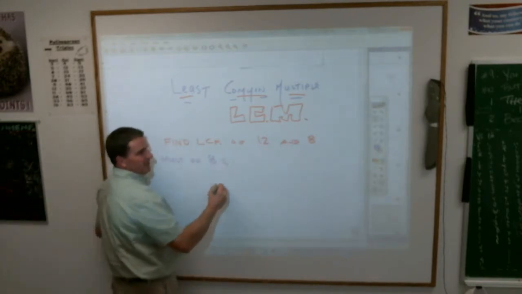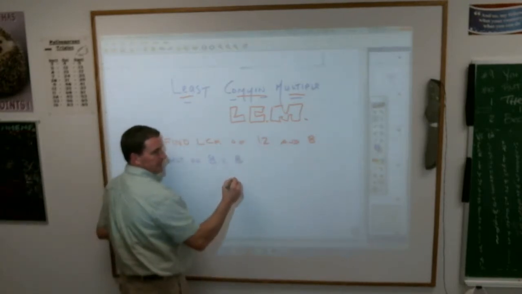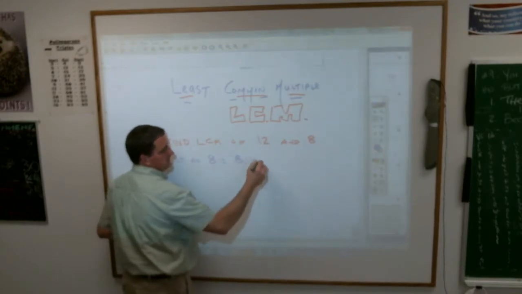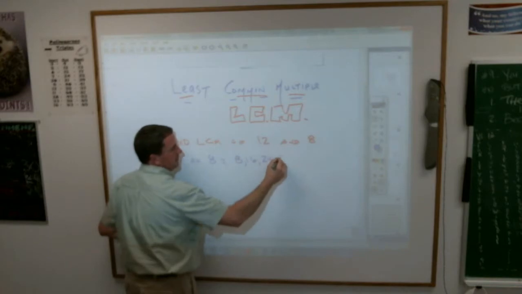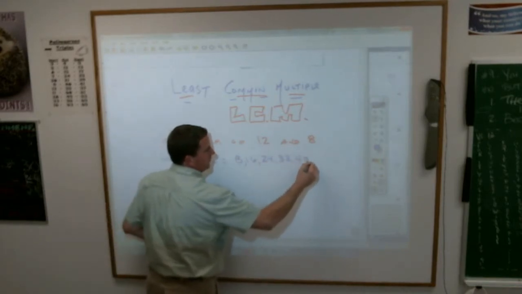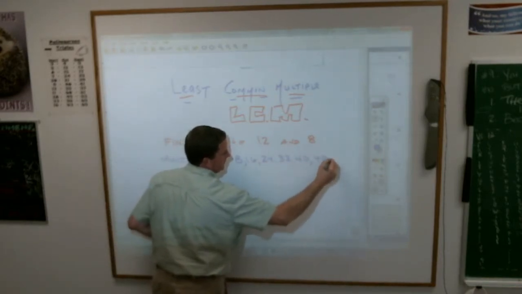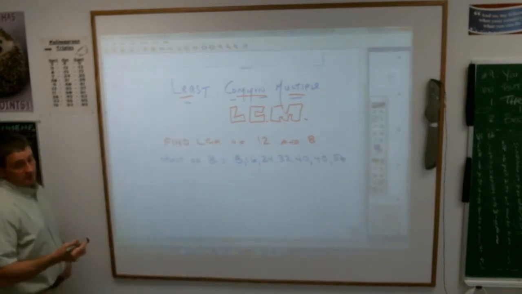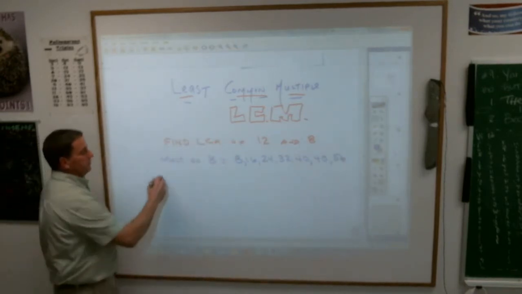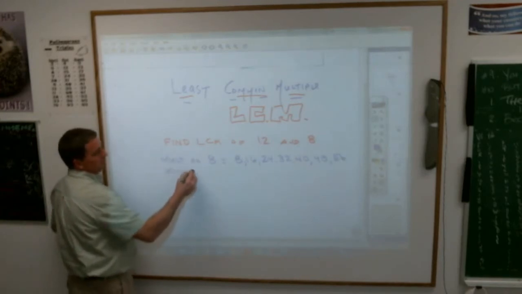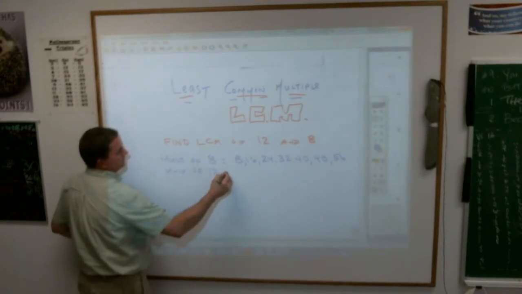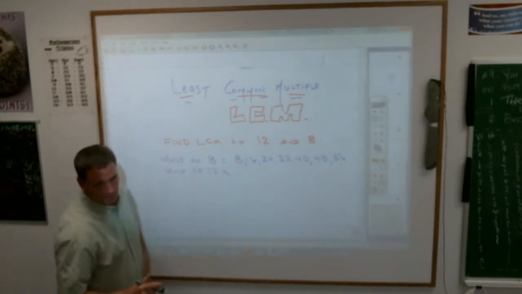So multiples of 8 are, Drew, 8, what's next? 16, 24, 32, 40, 48, 56, and so on. And they go on forever. Multiples of 12, probably not as easy to count by 12, but some of you can do it.